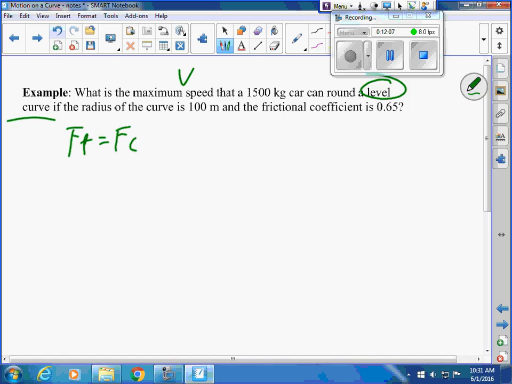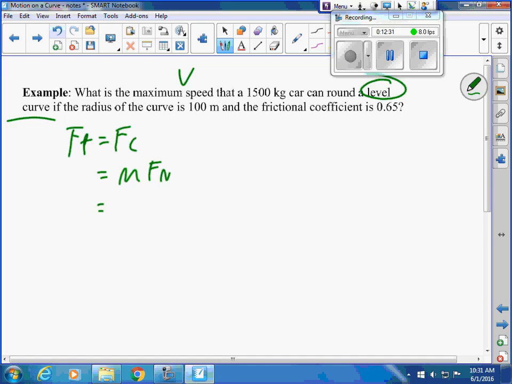Okay, what makes up our friction force? It's equal to mu Fn. All I've done there is I've taken our old friend mu equals Ff over Fn, and I've rearranged it for Ff. That's all I've done there. Right? So the centripetal force is equal to the friction force, and that's mu Fn. In this case here, we know the mass of the car.